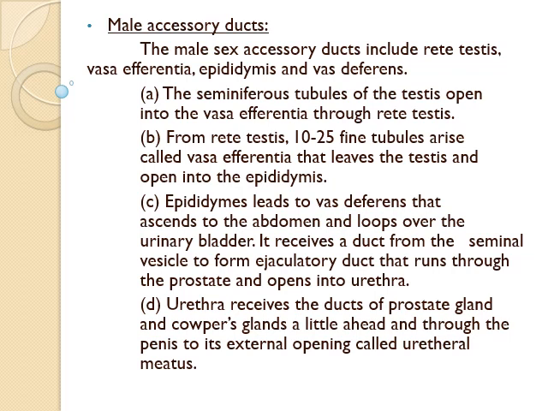Each one is formed by the union of the vas deferens with the duct of the seminal vesicle. They pass through the prostate. This is also another gland and opens into the urethra. Urethra receives ducts of bulbourethral glands and prostate gland and runs through the penis to its external opening called urethral meatus.